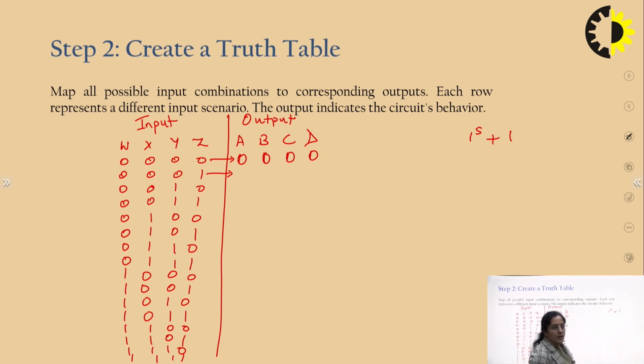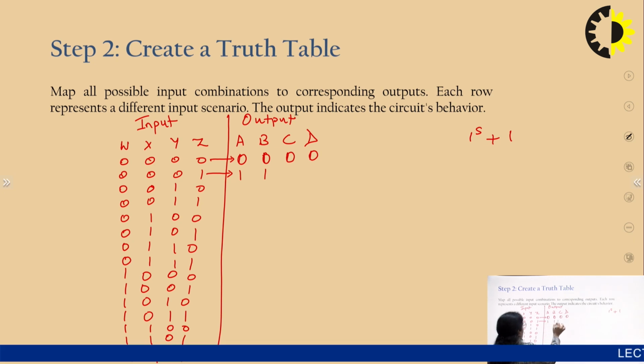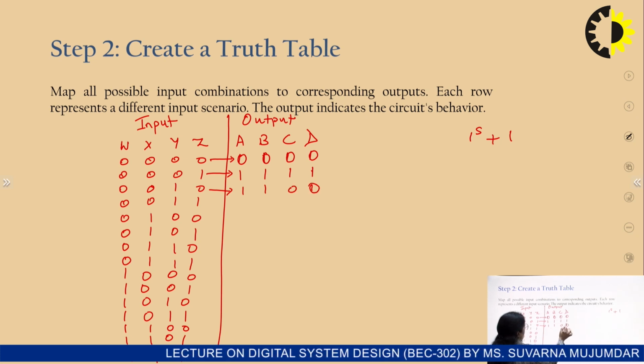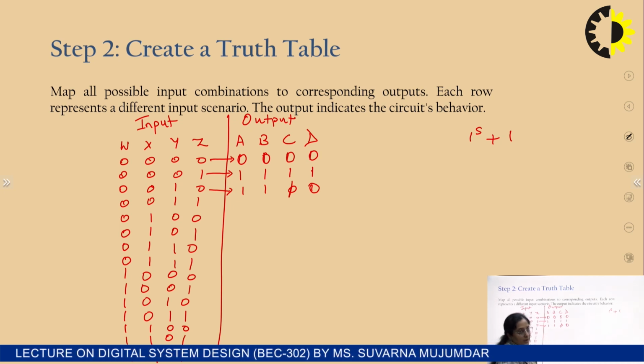Now for the case of 1, again I take the 1's complement and add 1 to it. Here it will be 1, 1, 1, 0, and when I add 1 to it, it becomes 1, 1, 1, 1. In this way we have to first create the truth table for all these combinations.